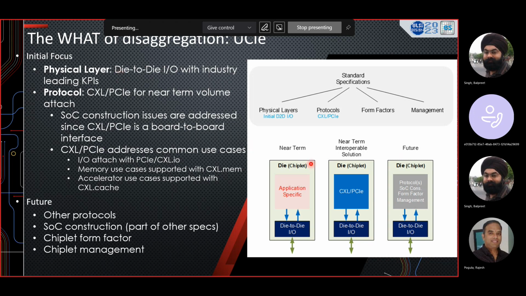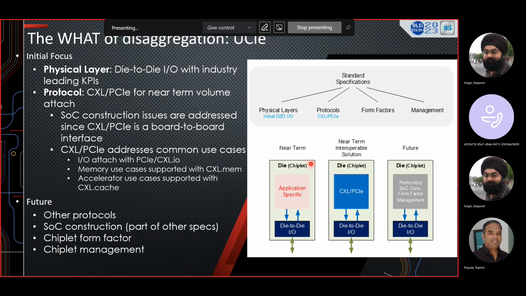On the protocol side, it supports PCI and CXL. So now you can think that earlier, with the additional solutions that you were building with your overall SoC, you were mostly connecting your accelerators over a PCI lane or a CXL lane.